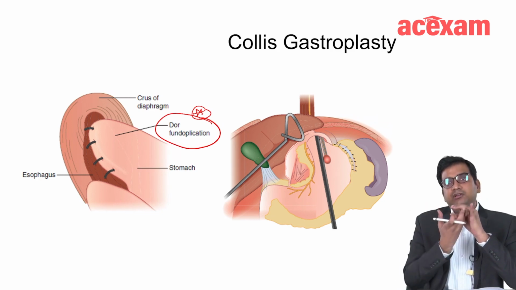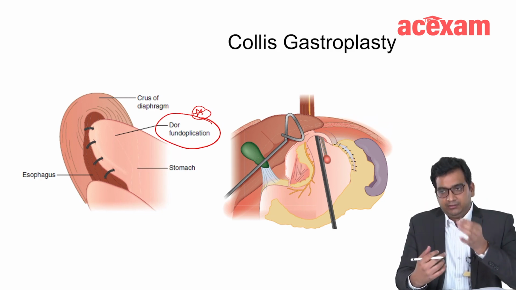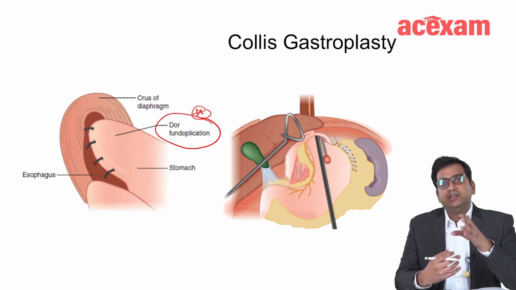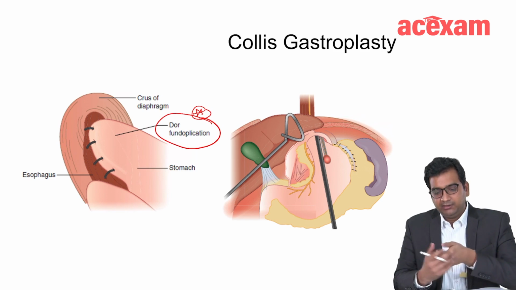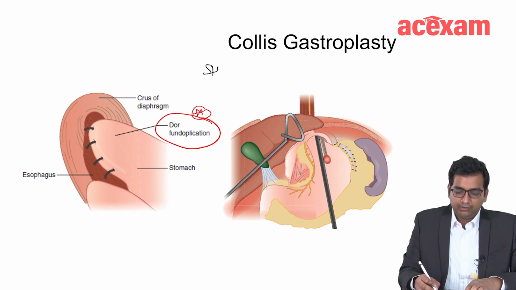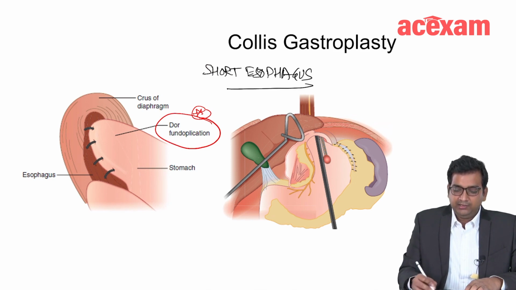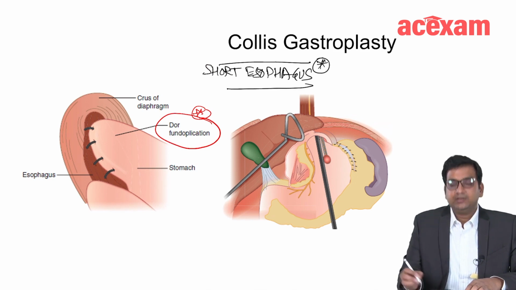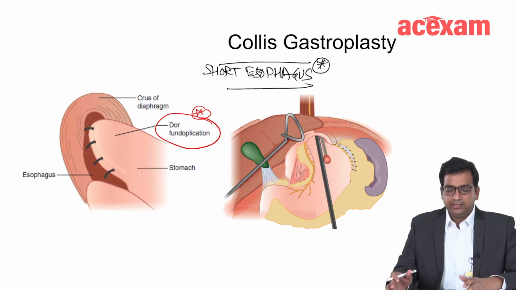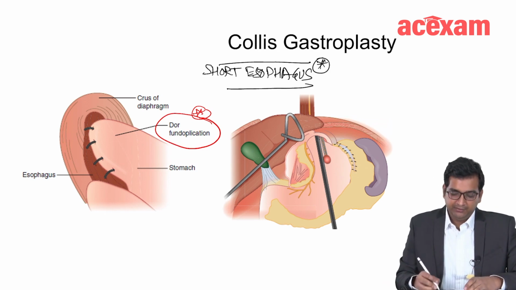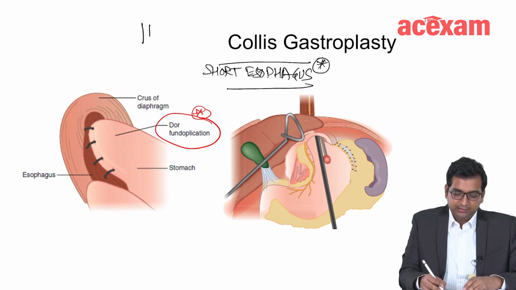Making a wrap along the esophagus is not possible. In these cases, even after mobilization of the intrathoracic esophagus, the esophagus is not coming down. So this is the problem of short esophagus, which is very commonly seen in GERD.